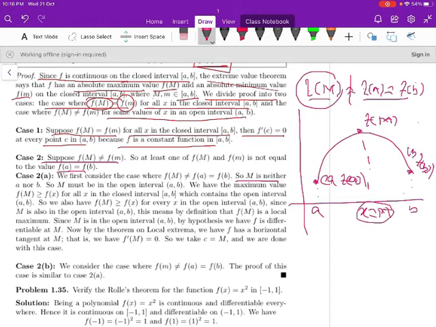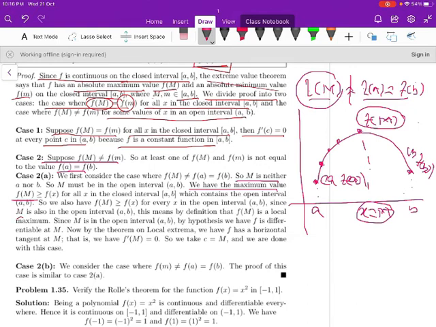We have the maximum value f of M greater than or equal to f of x for all x in the closed interval ab. So this value is always bigger than any value of the function f. For example, this f of M is always greater than or equal to f of x for all x in the interval a comma b, and also in the open interval ab.